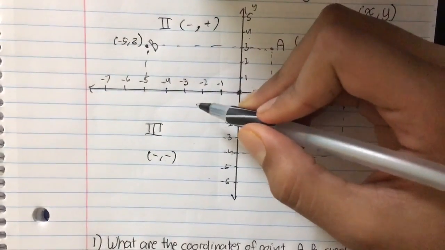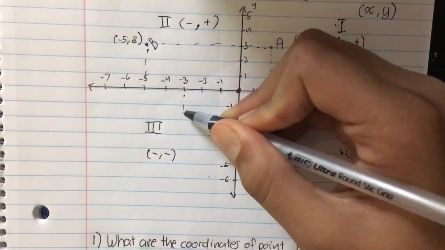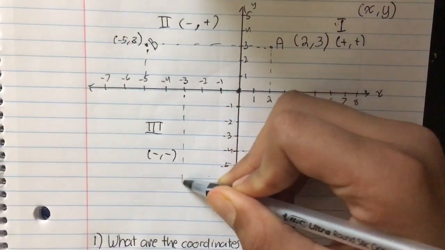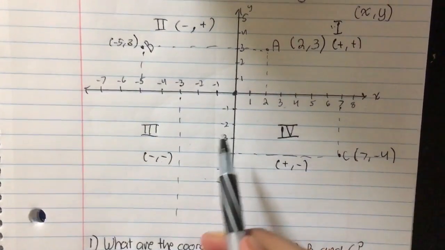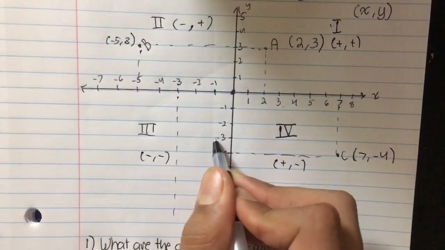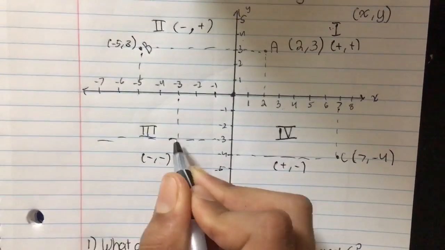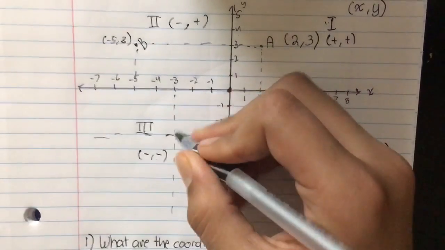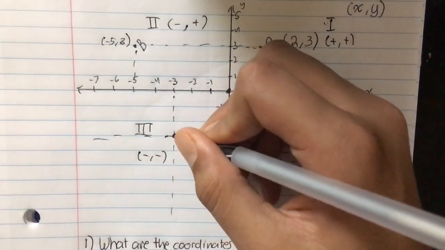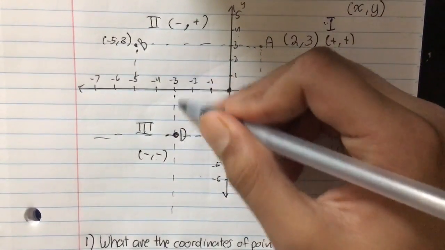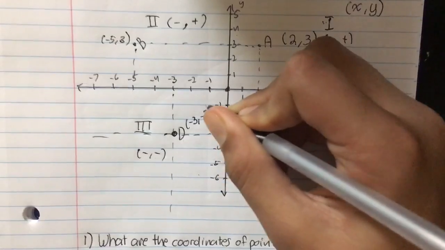Being 3 away from the x-axis, it'll be somewhere along this line, and 3 away from the y-axis too, so somewhere along this line. These two lines intersect here, and that gives us our final point, which I can call D. It'll be (-3, -3).